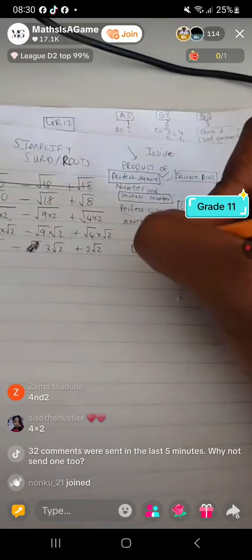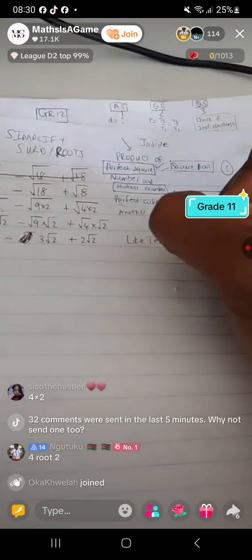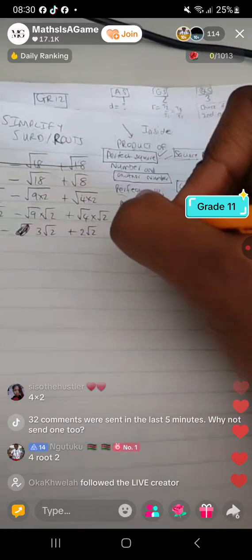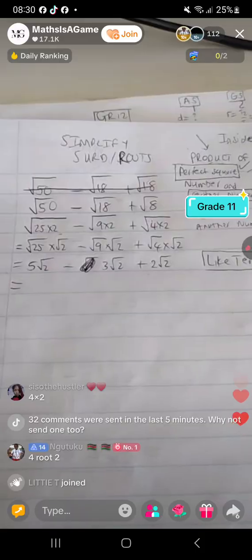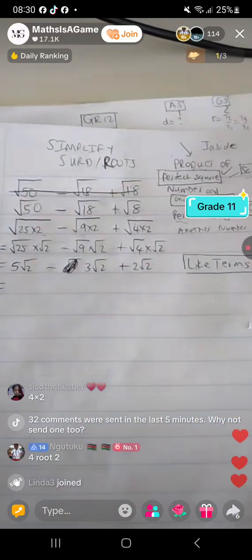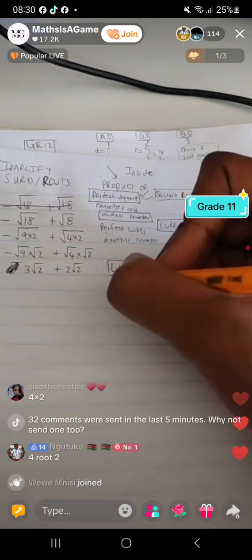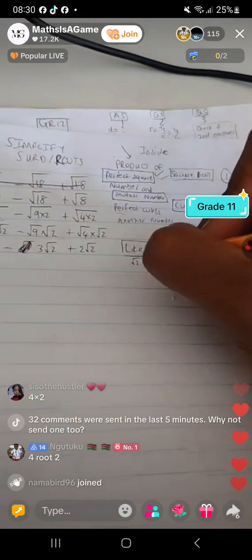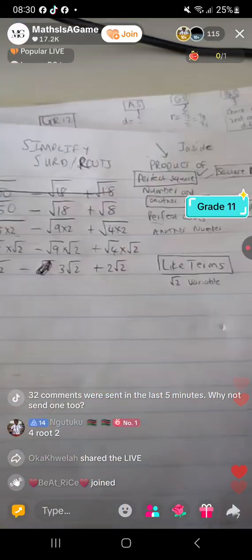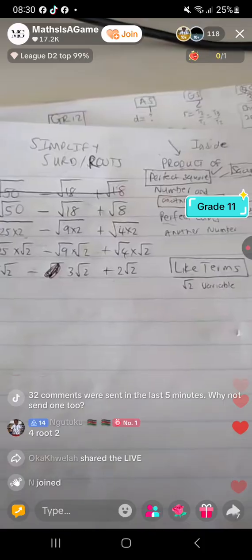So what does this mean? We can treat these as like terms. Why? Root 2 is like the variable. The numbers before are like our coefficients.